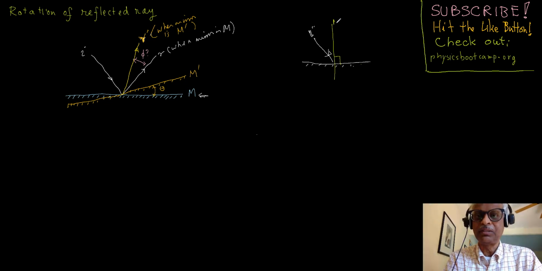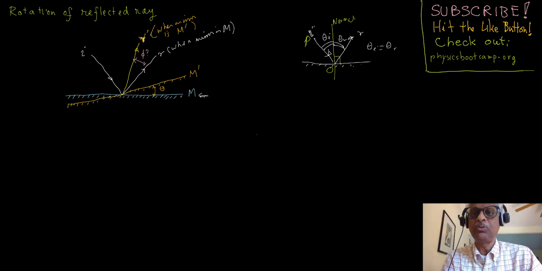This is called the normal. Let's call this point O, and this point P. When this ray goes in that direction, and this angle is theta incidence, then this angle is called theta reflection, and theta incidence equals theta reflection.